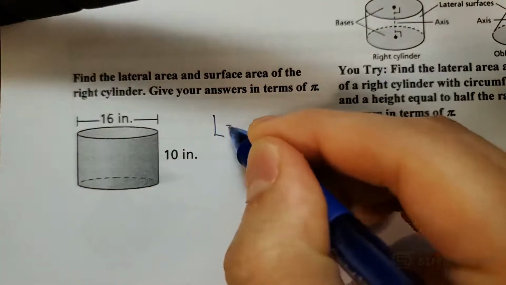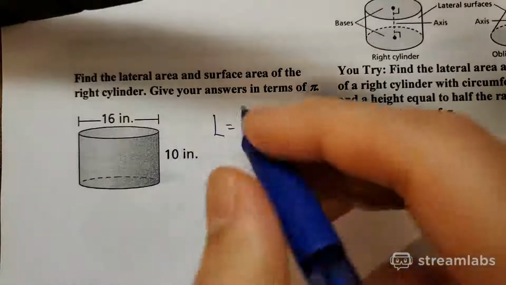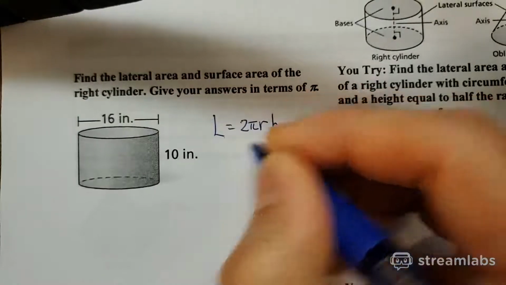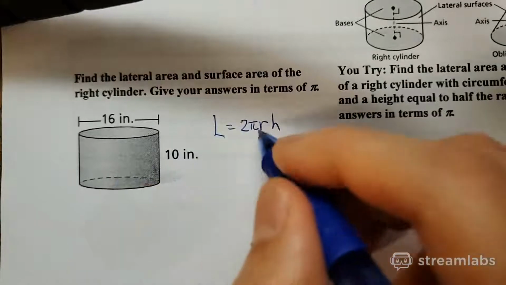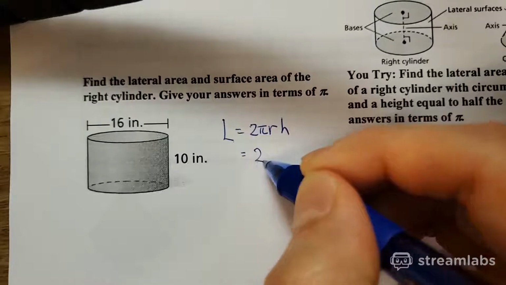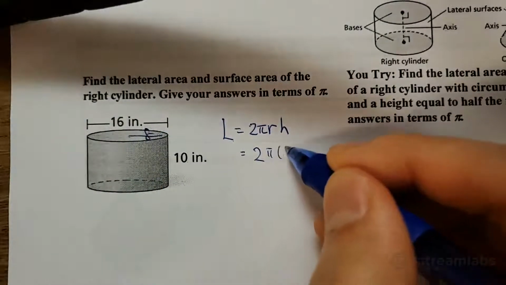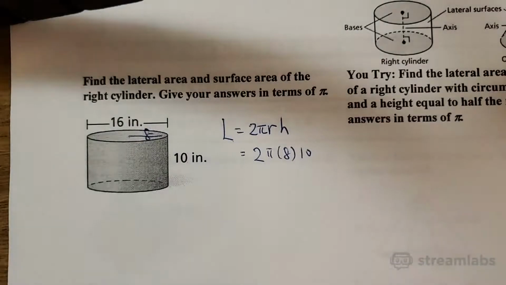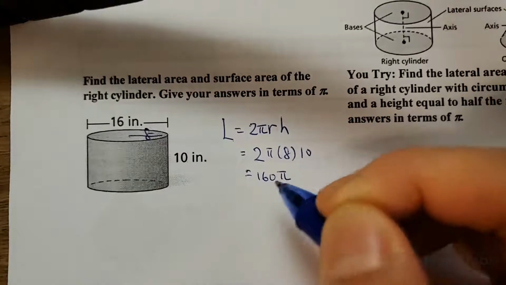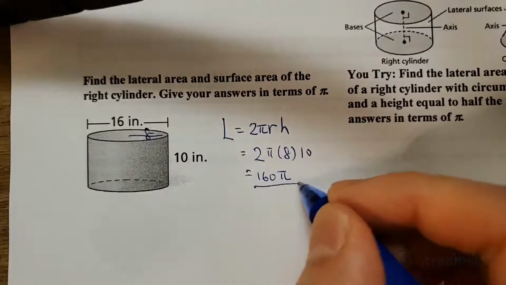So lateral area is equal to circumference times height, right? So it'll be 2 pi r h. They say it's 16, so r is what? 16 is the diameter, so r is 8, right? So 2 pi 8, height is 10, okay? And then you calculate, you get 160 pi. Basically leave in terms of pi. So I'll leave it there. That's the lateral area.